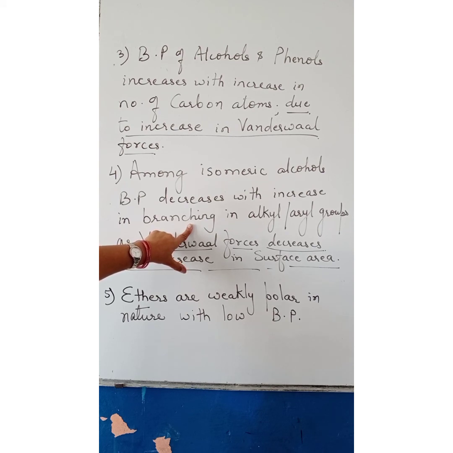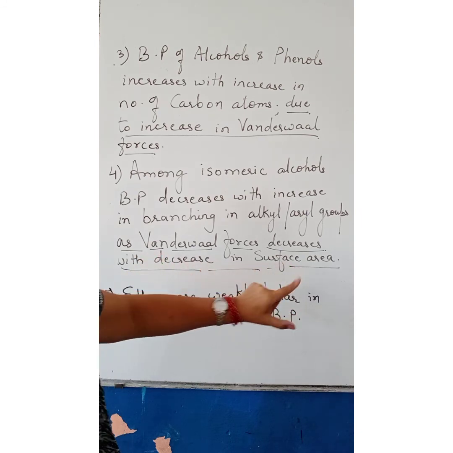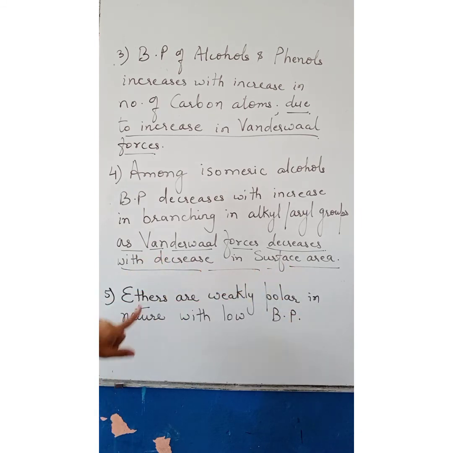This means that with the increase in branching, surface area decreases, and as a result the van der Waals forces decrease, due to which the boiling point also decreases. And if we talk about ethers, ethers have bulky alkyl or aryl groups on both sides. So they are weakly polar in nature with low boiling point.